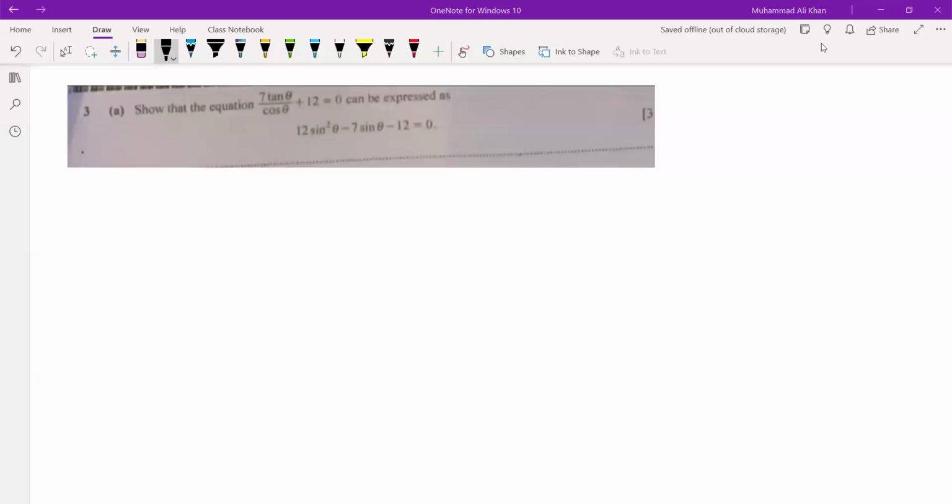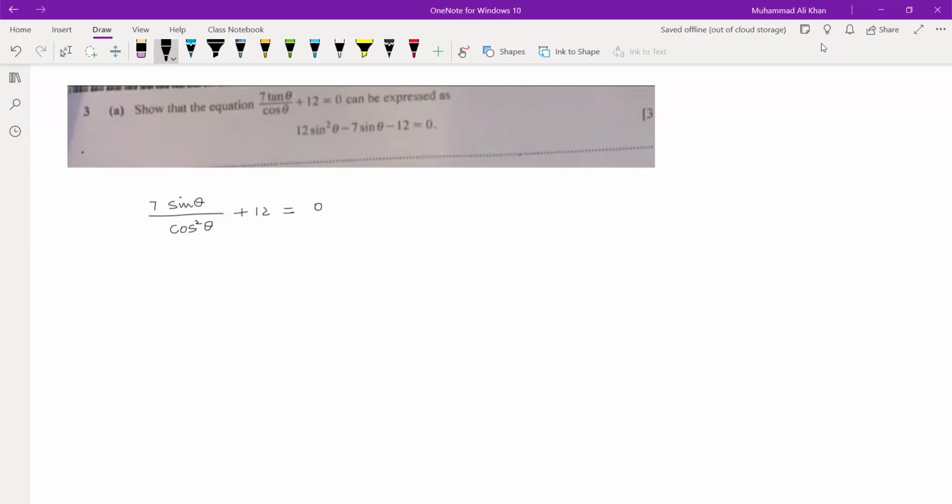Now, what we have in question number 3, it's a question of trigonometry. Question number 3a, show that the equation can be expressed in terms of sine, right? So the first is 7 tan theta. So can I say that it will be 7 sine theta upon cos theta? And cos theta is cos squared theta, plus 12 equals to 0.